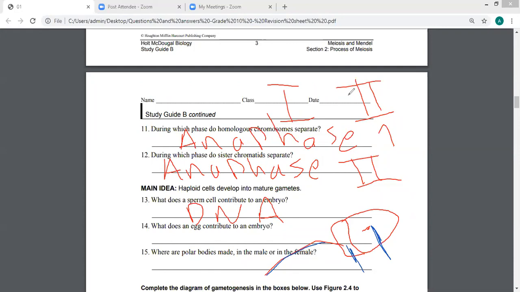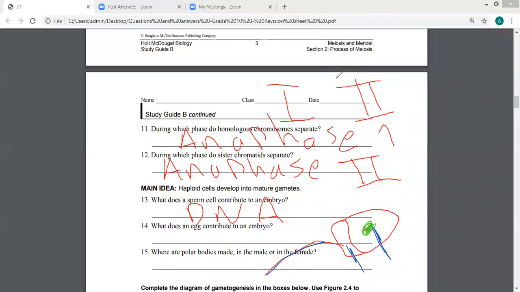The three main parts of the sperm. Okay, which part of them carries the DNA? The head, right, because it contains the nucleus.